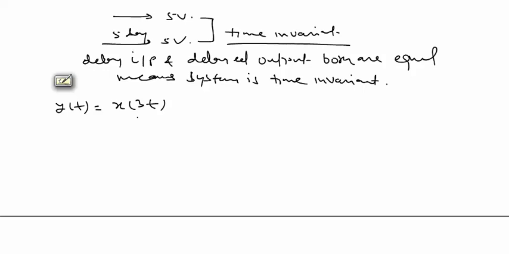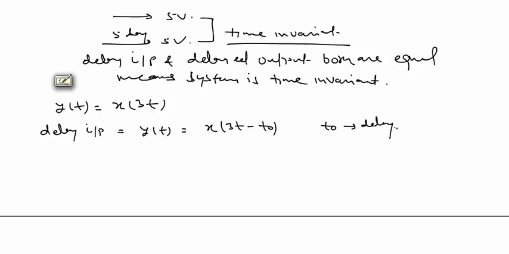Time invariance can be checked with two ideas: delayed input and delayed output. The input is delayed by some amount, let's say delayed by t0. Then the output is delayed by the same amount, giving x(3(t minus t0)).